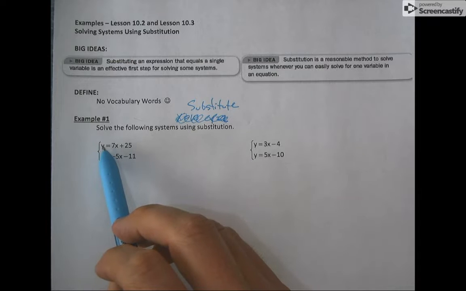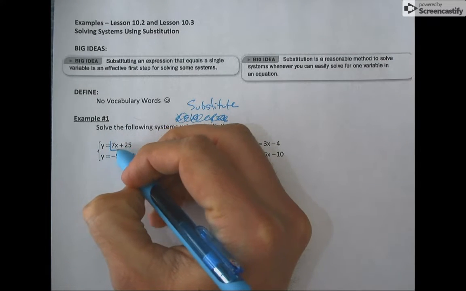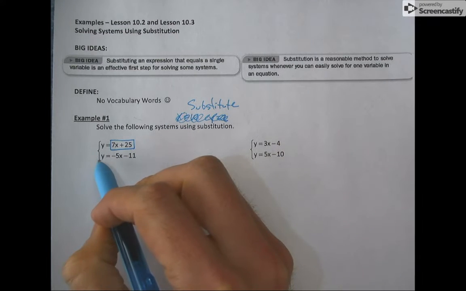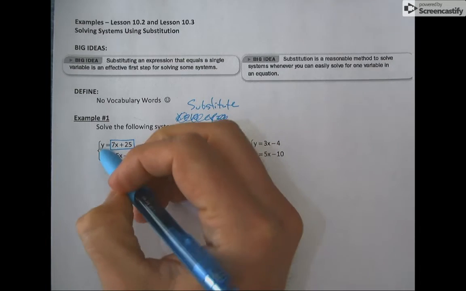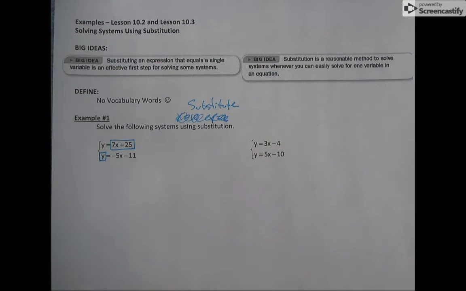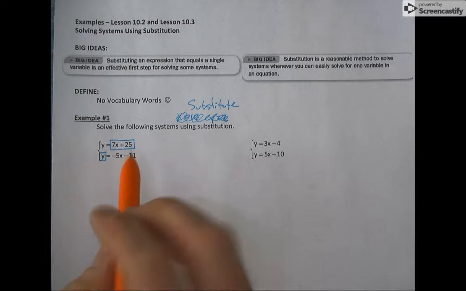Or we can say, I know y equals this whole thing. And if that's what y equals, just like if y equals 10, I can come over here and make it a 10. If y equals 7x plus 25, I can literally come over here and substitute that in. So I'm going to change y to what it's equal to. Not 10, but 7x plus 25.